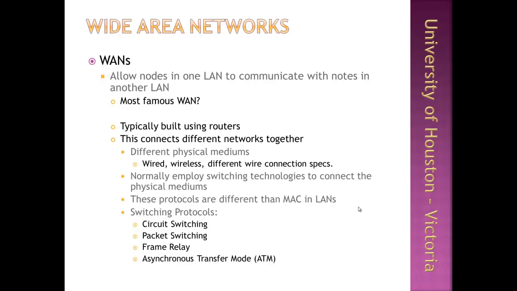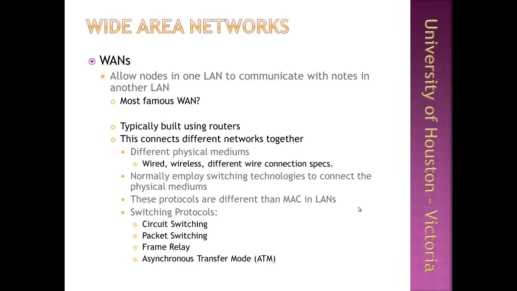Wide area networks typically are built using routers that connect various public or private leased lines, physical mediums composed of many different types of wires, fibers, and other lines that provide switching technologies to establish a route.